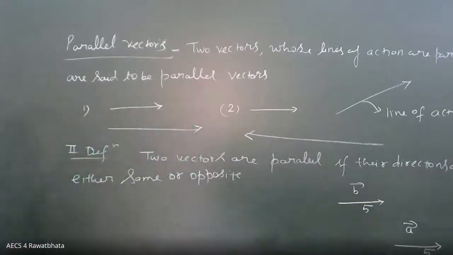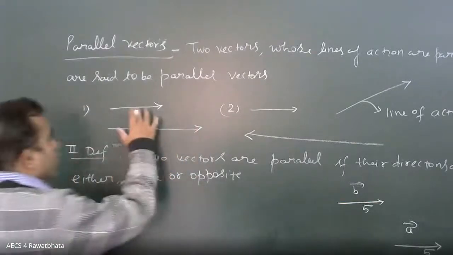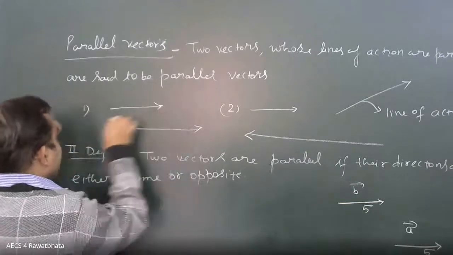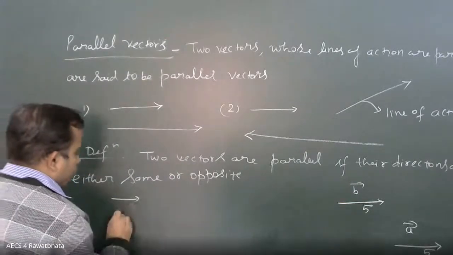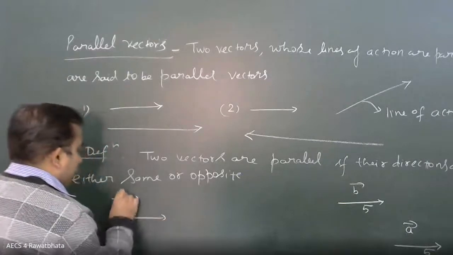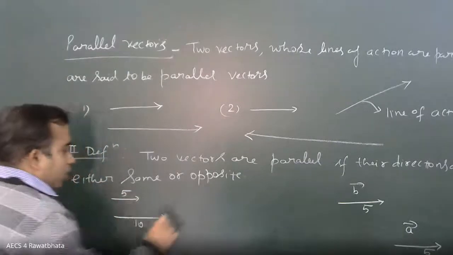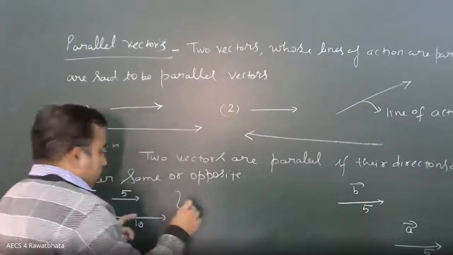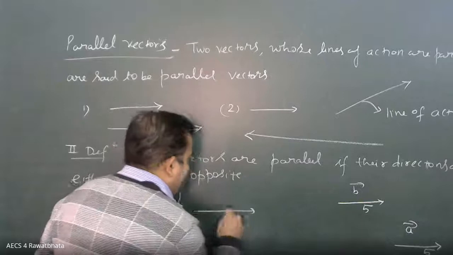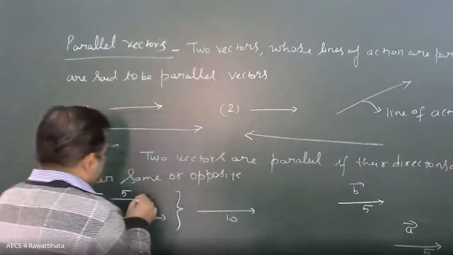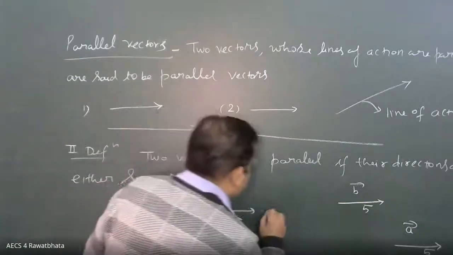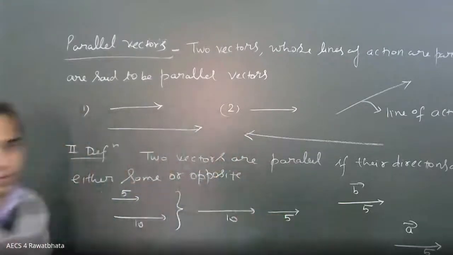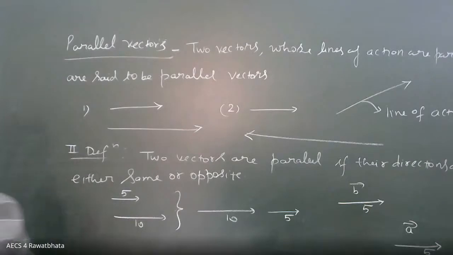Same way here, suppose these two are parallel vectors. If you lift one and keep it here, suppose its magnitude is 5 and the other's magnitude is 10. You keep the 10 one like this, and take the 5 one and keep it here. Then it will become a straight line.